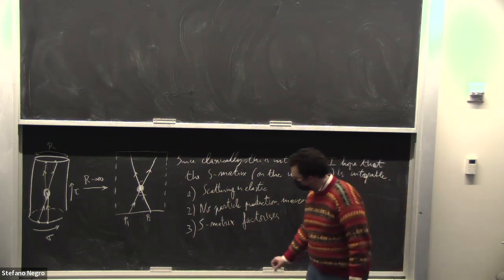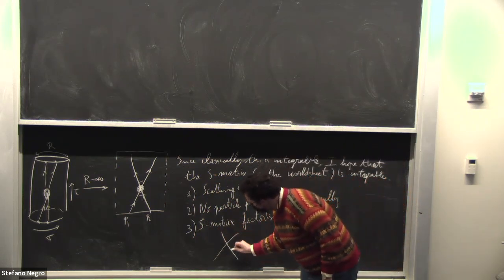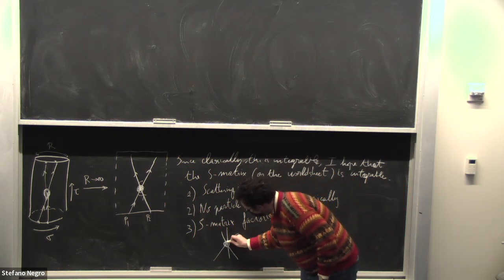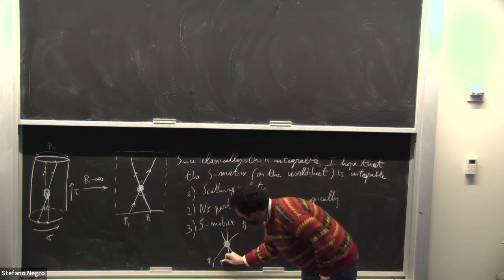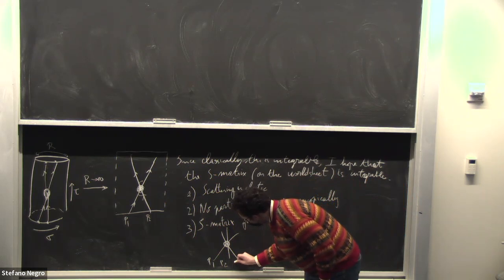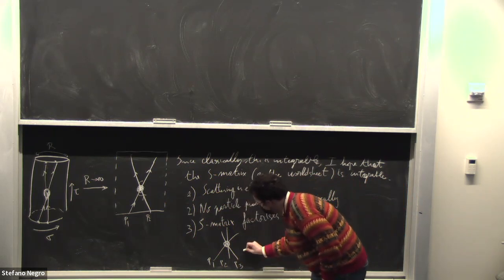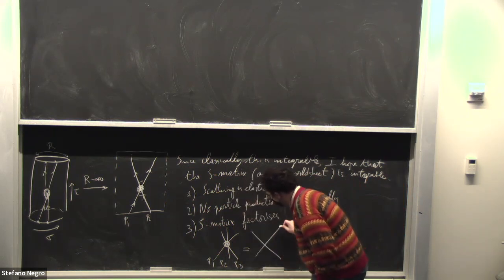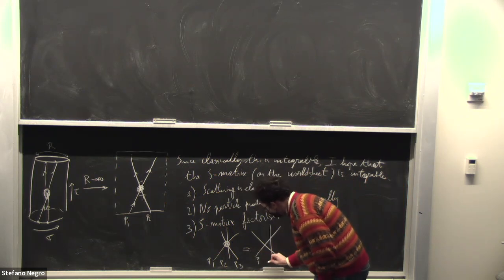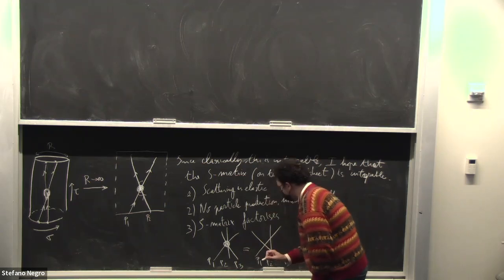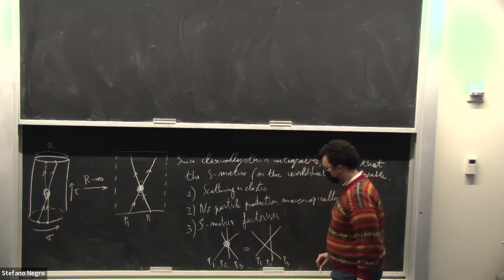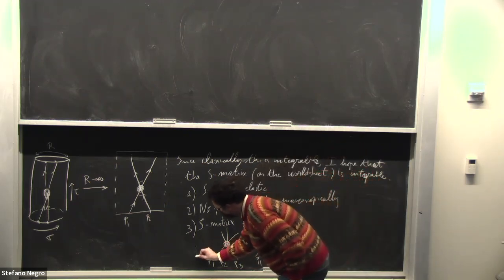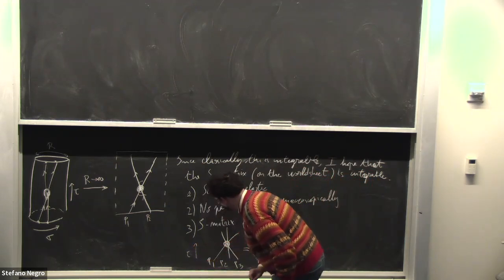The last thing that I want to say is that the fact that the S matrix factorizes means that if I have some complicated process with P1, P2, and P3, I can resolve it as a sequence of two-body scattering events. And actually it turns out that, let's say the time keeps going up.